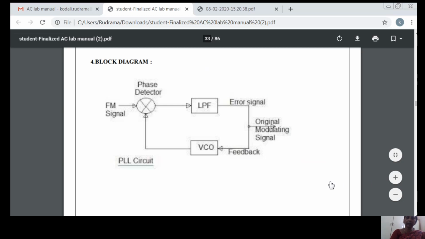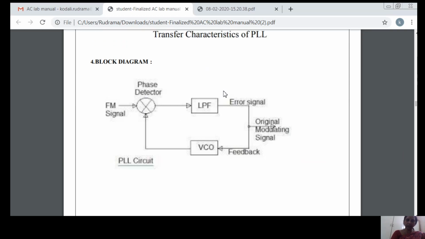The name itself indicates that the first block in this block diagram is the phase detector. And this is a closed feedback path, a closed loop. That's what is called a loop. And locked, you know what is the meaning of lock and what is the meaning of capture now.